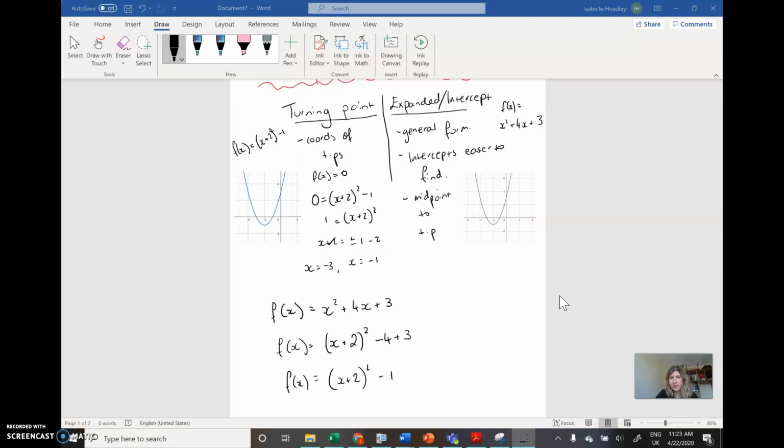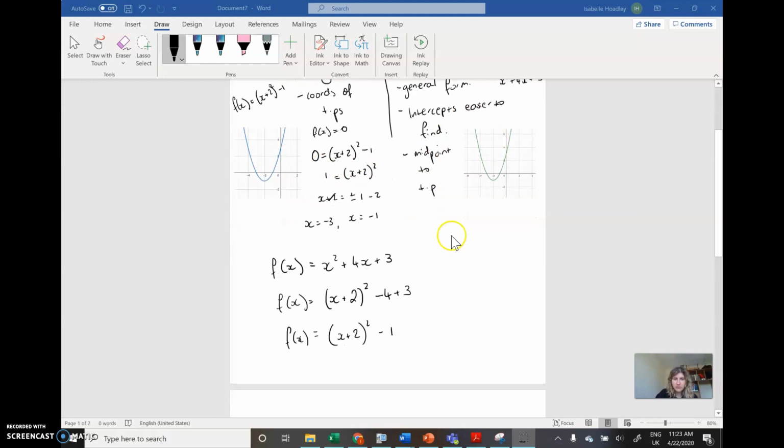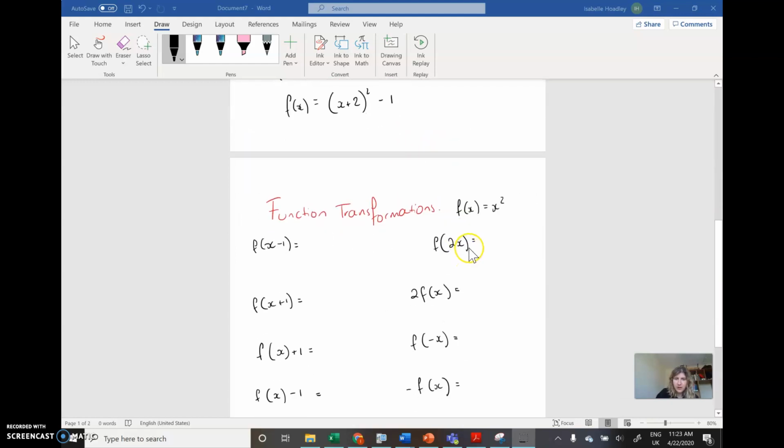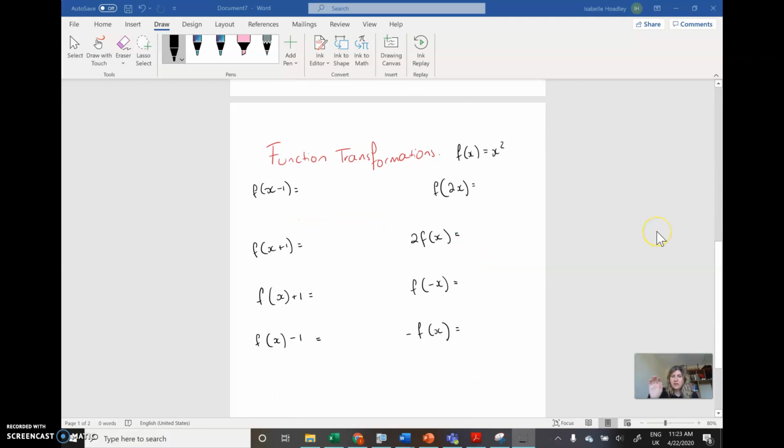The other nice thing about turning point form is how it relates to this idea that we call function transformations. Function transformations is the idea that all functions have a basic function.